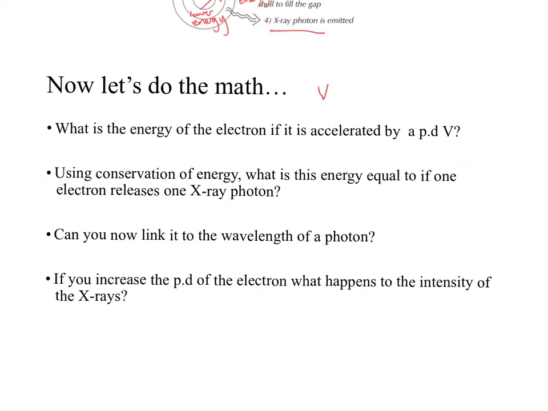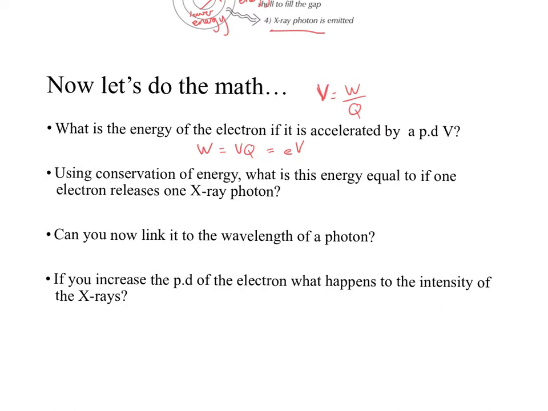And to remind you, potential difference is defined as the work done per unit charge. So the work done, or the energy that the electron will have, will be potential difference times charge. The charge of an electron is e, and the potential difference between the anode and cathode is V. So that's how we can calculate the energy of the electron accelerated through a potential difference V.